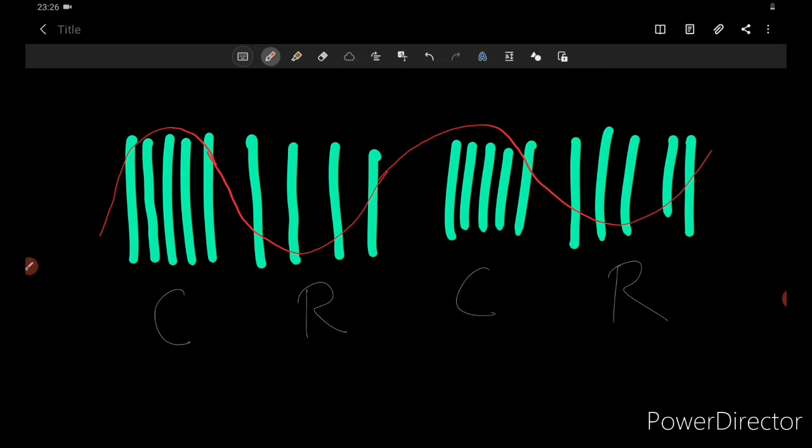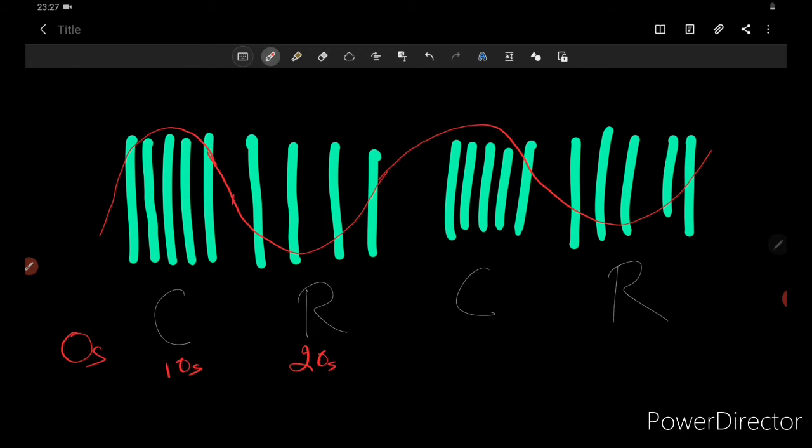Now the formation of these compressions and rarefactions also takes time. Suppose the wave starts at 0 seconds. After 10 seconds the compressions are formed, the topmost position. Then slowly the rarefactions will be formed at, suppose, 20 seconds.